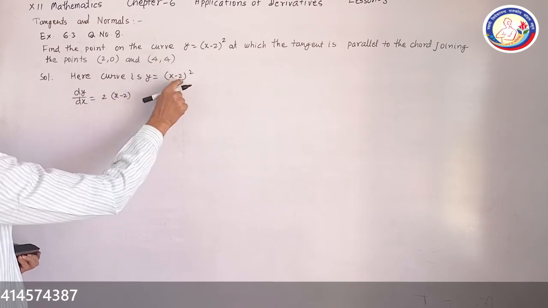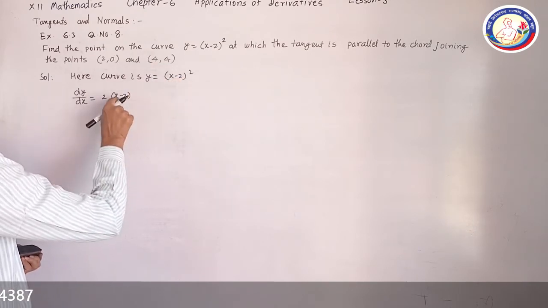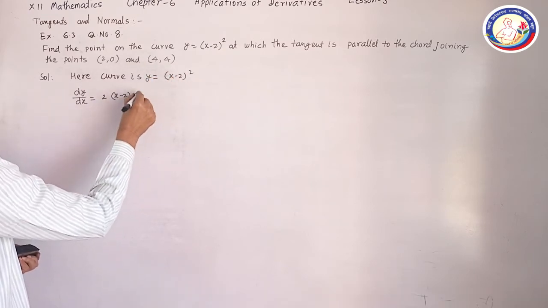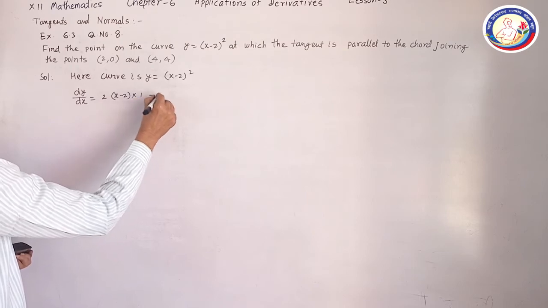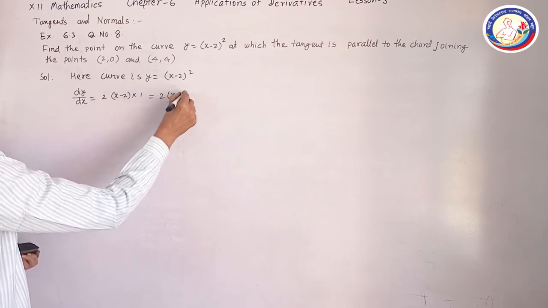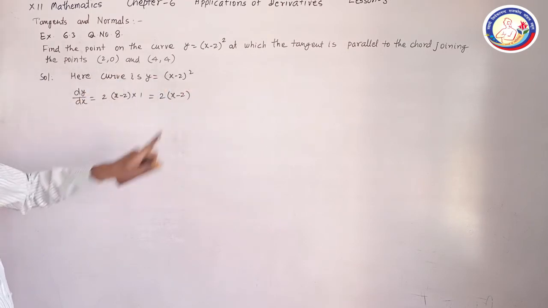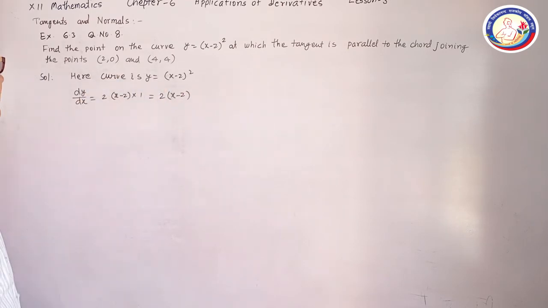The derivative of x minus 2 square with respect to x minus 2 is this, and again the derivative of x minus 2 with respect to x will be 1. So this is 2 into x minus 2. This is the slope of the tangent at a general point.